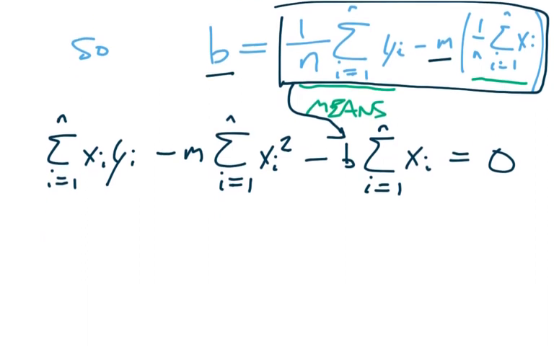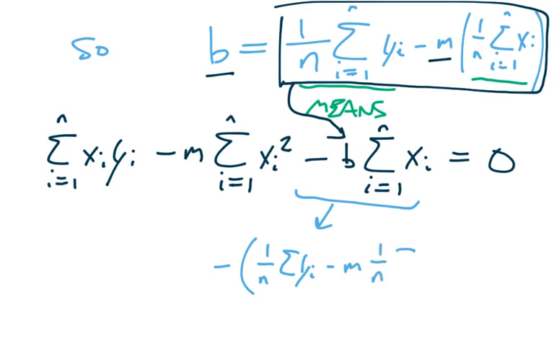All right, so what this is going to give me, let me use this light blue color again. This is going to be, just expanding this part, minus 1 over n sum of the yi's minus m 1 over n sum of the xi's, i equals 1 to n xi.